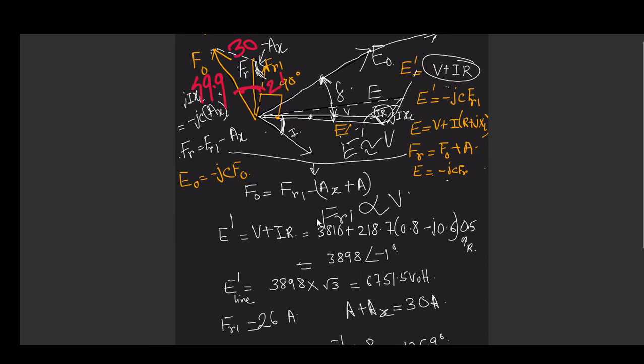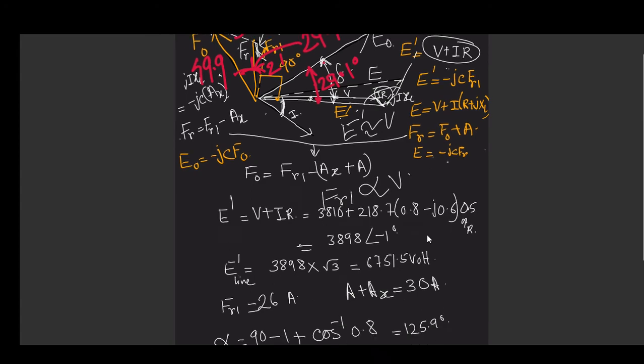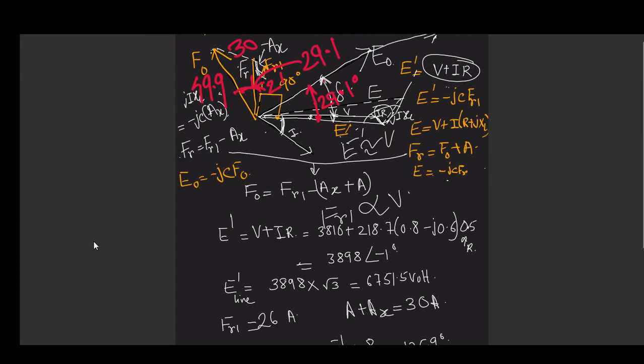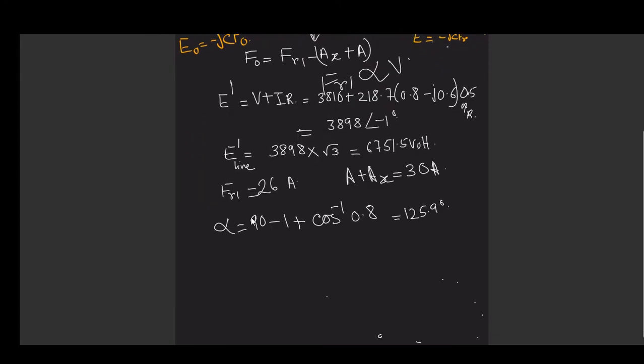If you apply trigonometry, you will get 29.1. Now this 29.1 is between E naught and E dash, but V is 1 degree closer to your E naught than to E dash.